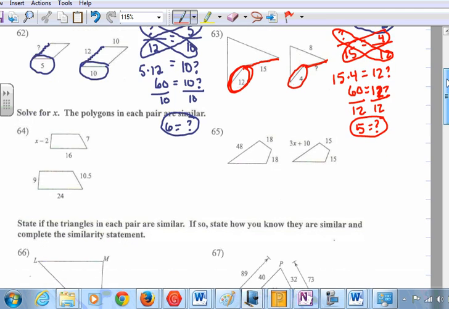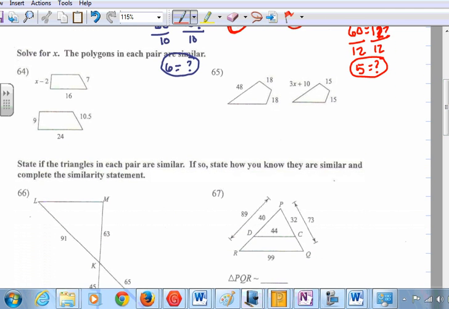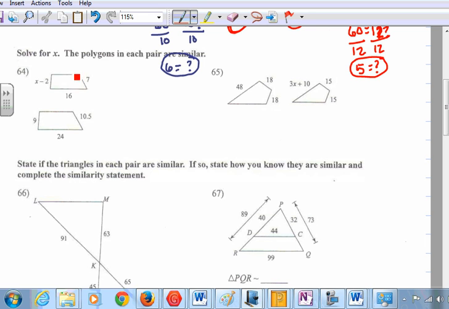Problems 64 and 65 ask us to solve for x, and it tells us that the polygons in each pair are in fact similar. So once again, when we have similar polygons, we set up a what? Proportion. So we have to solve for x, so we have to use the side that includes x. So x minus 2 is going to correspond to what? 9. So I'm going to say x minus 2 corresponds to 9.